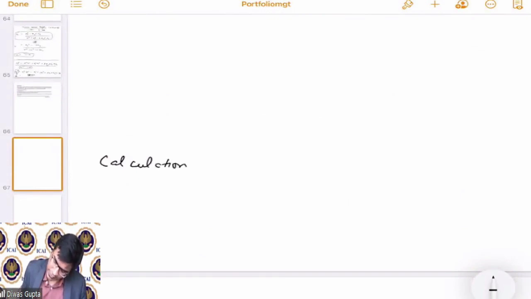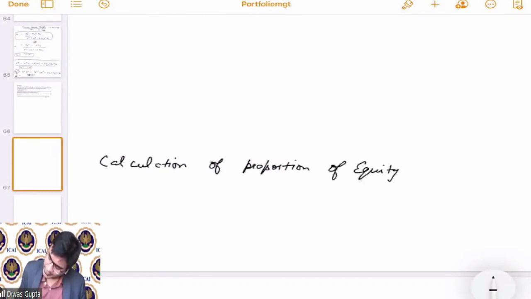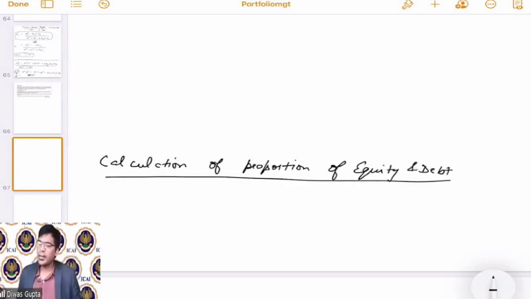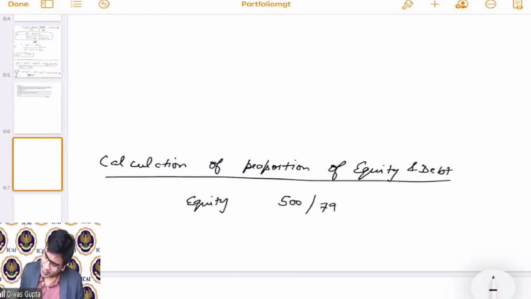Calculation of the proportion of equity and debt: equity is 500 divided by 790, because 500 is equity and 290 is debt.